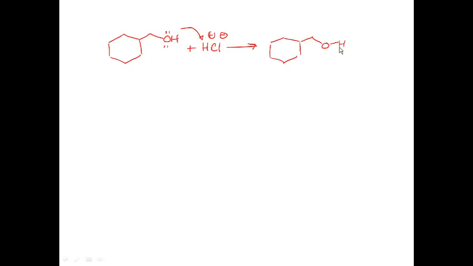In this particular case, since this is a primary carbon, the water won't leave. Instead, the chloride would come in, attack that carbon, kick off the water molecule to then give me a substitution product.